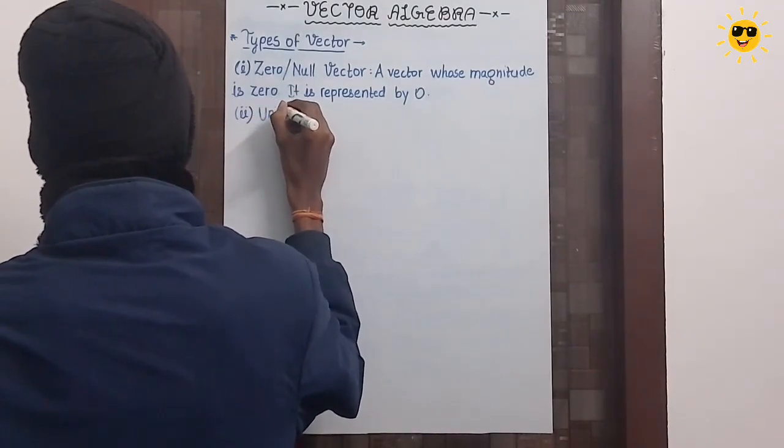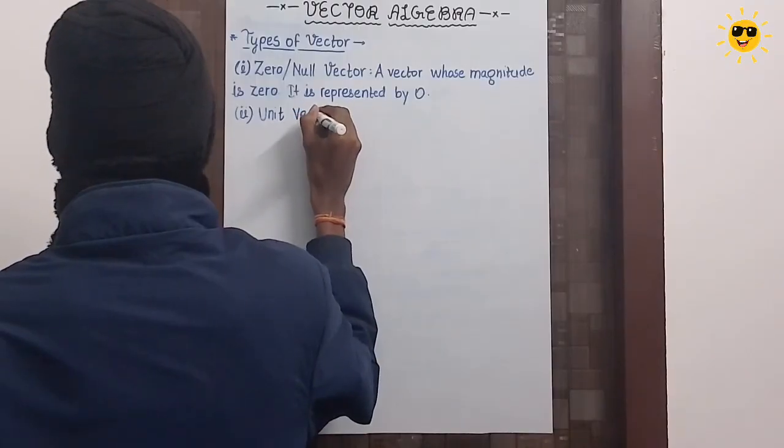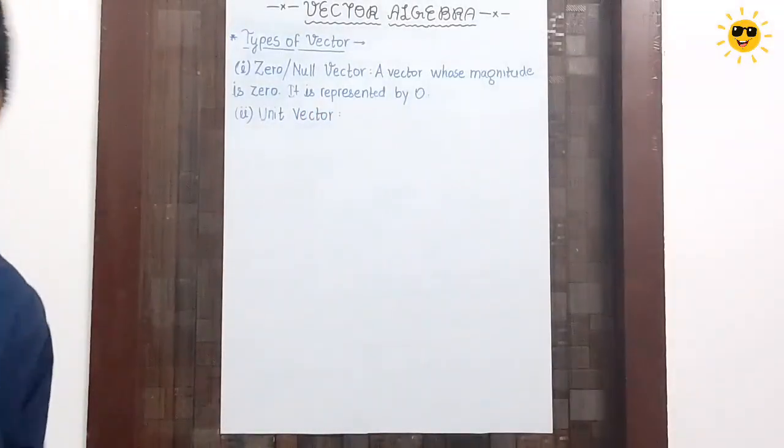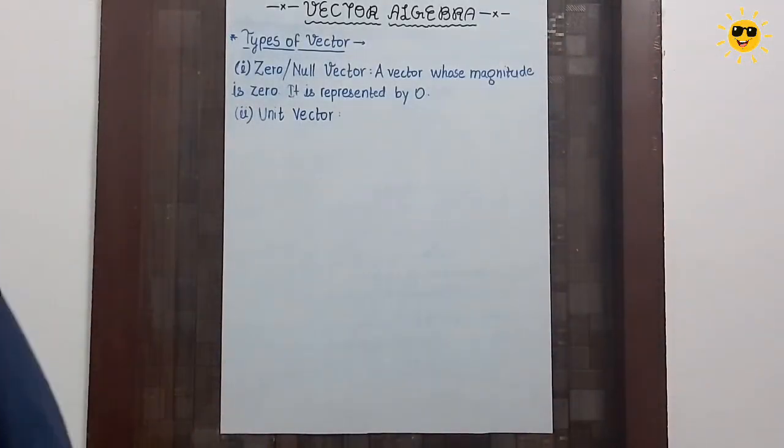Unit vector. What could be the definition of unit vector? To define unit vector, I can say a vector whose modulus is unity.